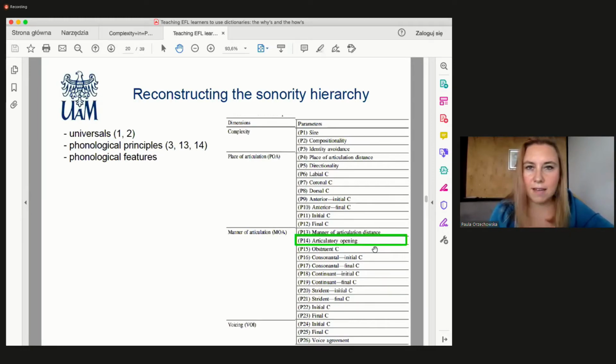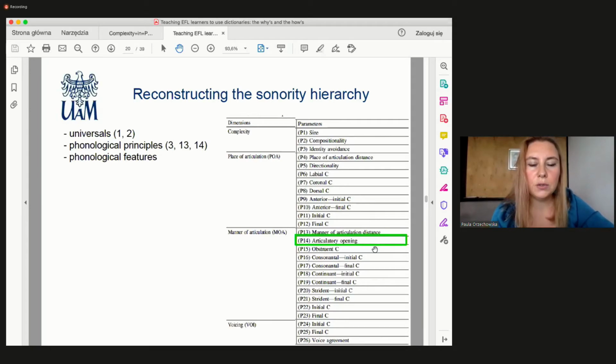Place features, various place features, cluster initially, cluster finally, number of labials, dorsals, coronals, etc. Many features, all kinds, referring to stridency, continuity, and parameter 14 marked green. This is articulatory opening. This is the traditional measure of sonority. So how sonority is included in the analysis. So basically how we would analyze clusters using the sonority scale, which I presented. And voicing, so voicing of initial consonant, voicing of final consonant, and the cluster, voice agreement, etc.